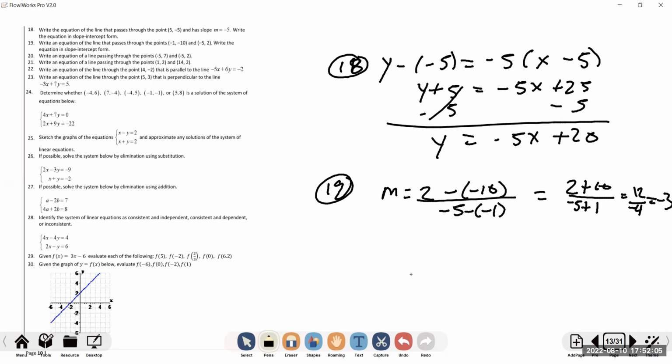Since I know that I'm going for slope-intercept form, it's okay to write this as y equals mx plus b, and to take either of the xy ordered pairs. I'm going to take (-1, -10).